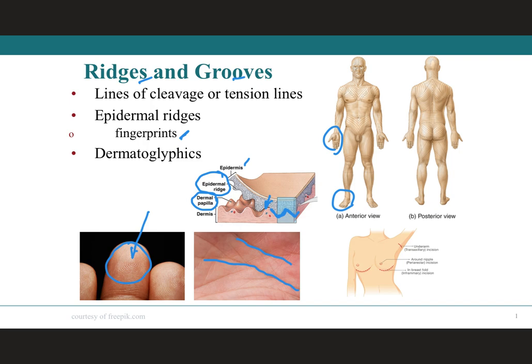Normally, the ridge patterns do not change during life, except for the fact that when you get older, it does enlarge a little bit. And this is why it allows us to use these fingerprints as a permanent basis to identify individuals. The study of the pattern of these epidermal ridges that is concerned with the identification and classification of fingerprints is referred to as dermatoglyphics, where glyphics means carved work, and dermato means skin.